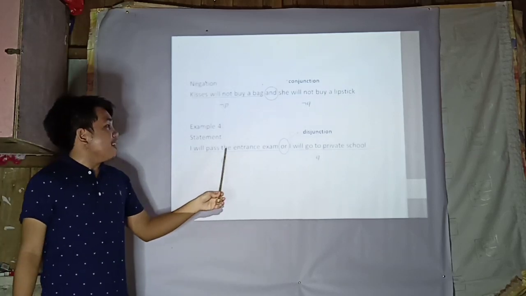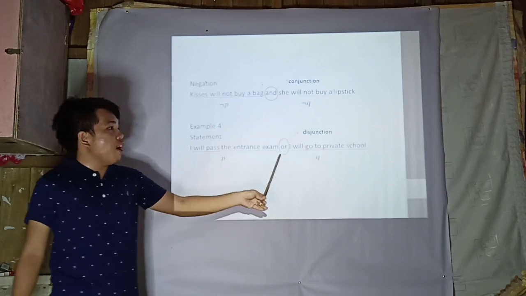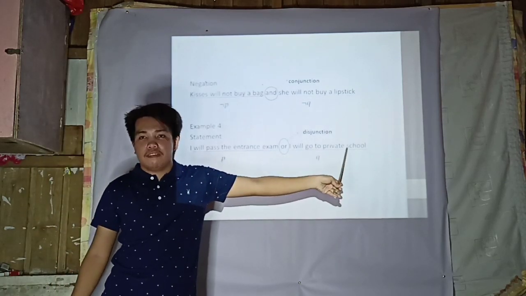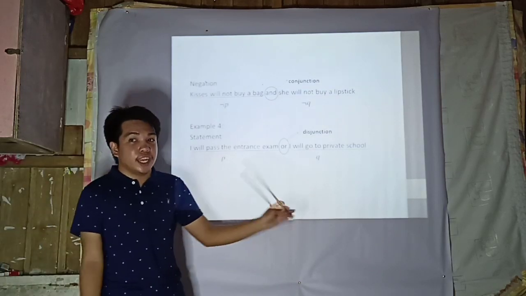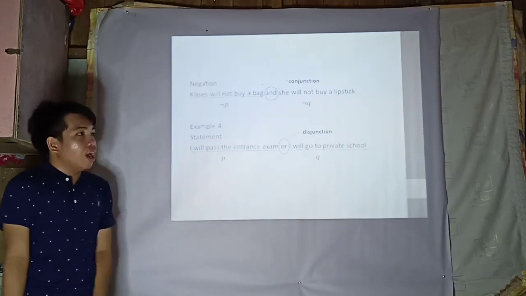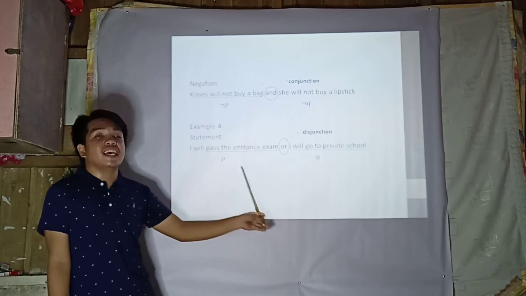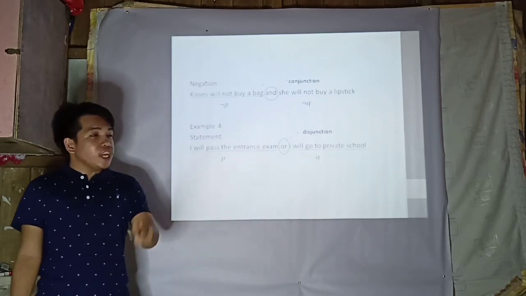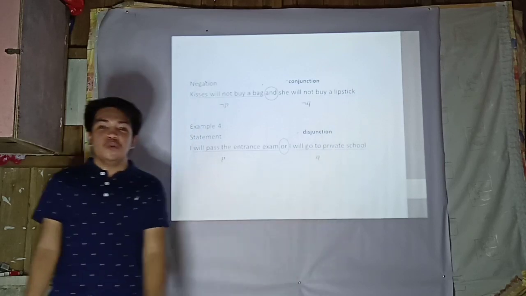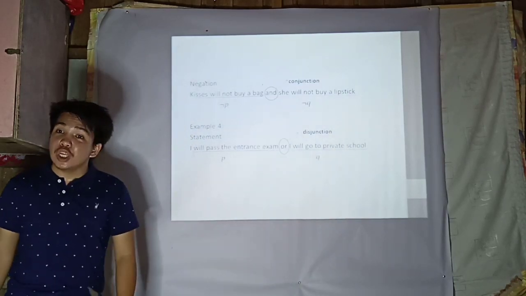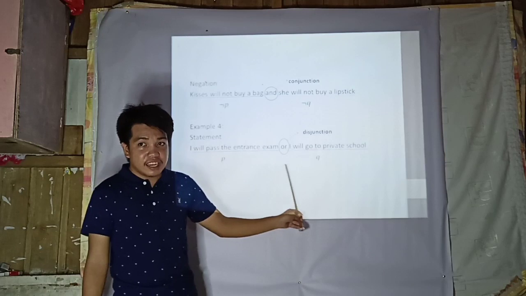So, I will pass the entrance exam or I will go to private school. So, the same process. Find the P and Q statements. So, the P, I will pass the entrance exam. Then Q statement, I will go to private school. And then find the logical operator used in this statement.